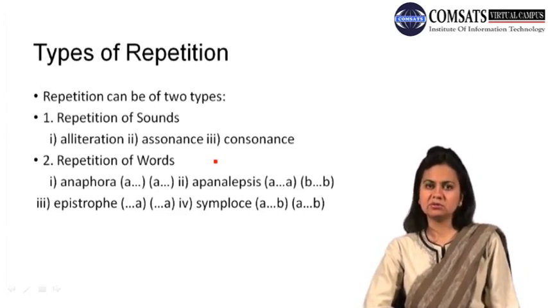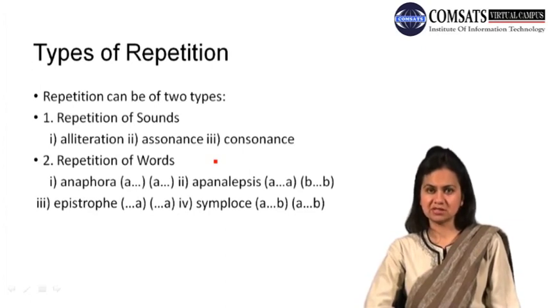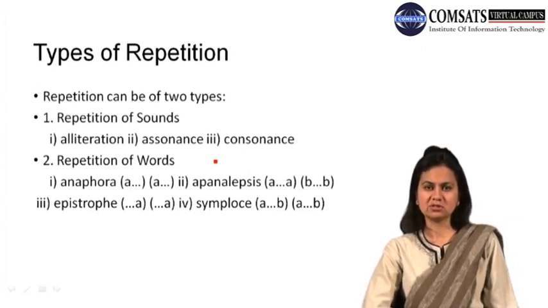Then we also include in the repetition of sounds another device or figure of speech, that is assonance. Now assonance is such a literary device where we find the repetition of the vowel sound or the close connection of vowel sounds that is repeated in the connected words or in the connected lines.